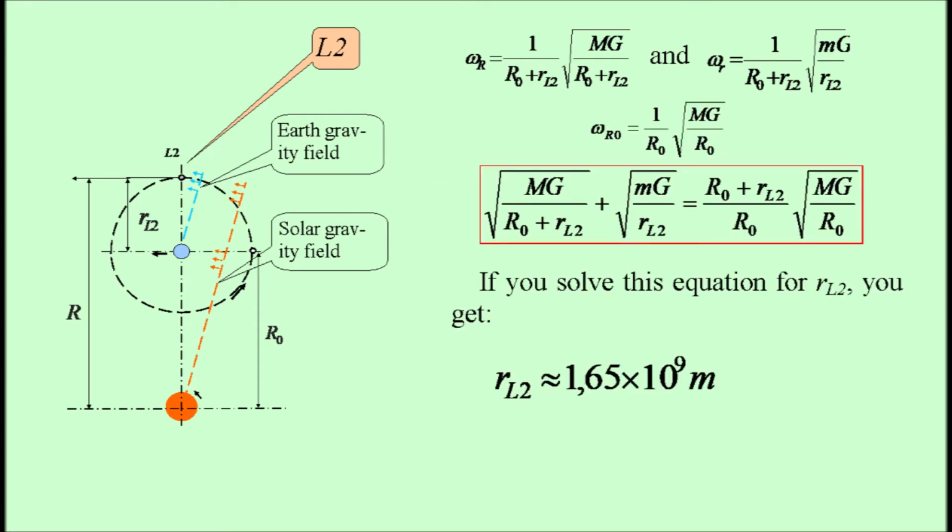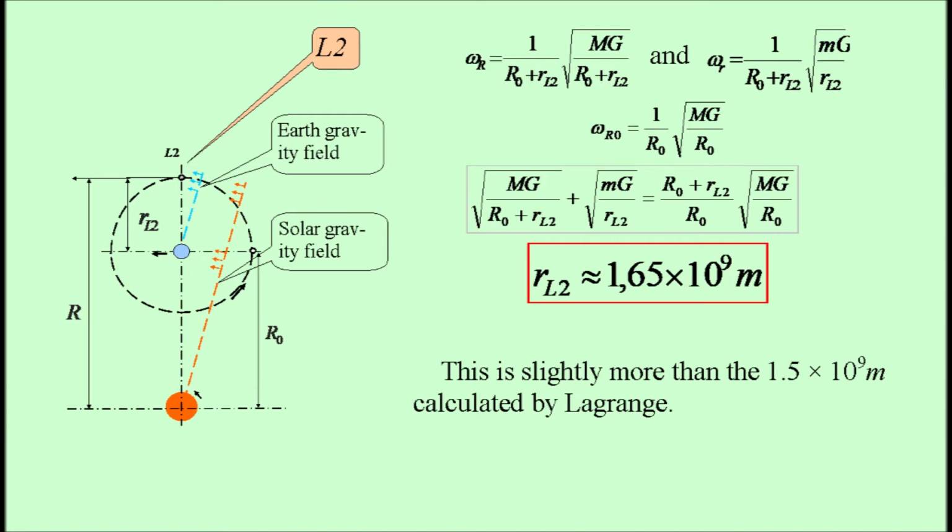If you solve this equation for RL2, you get this. This is slightly more than the 1.5 times 10 to the power of 9 meters calculated by Lagrange.